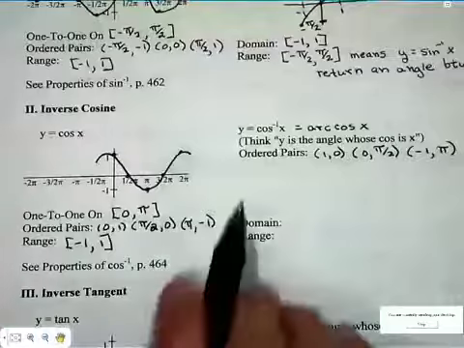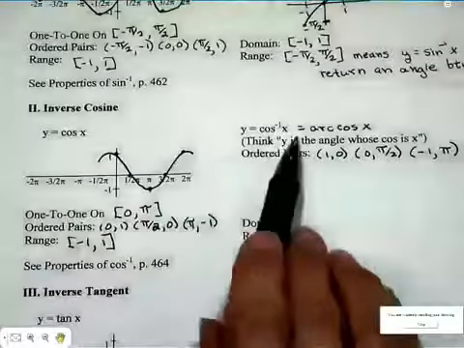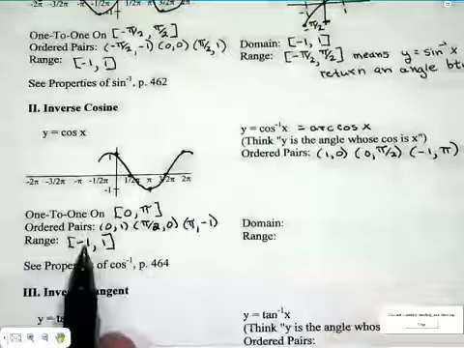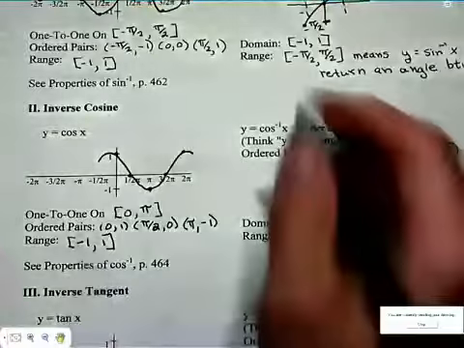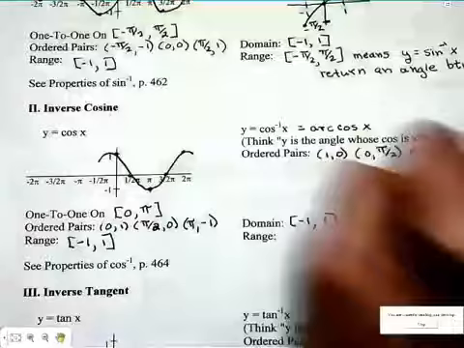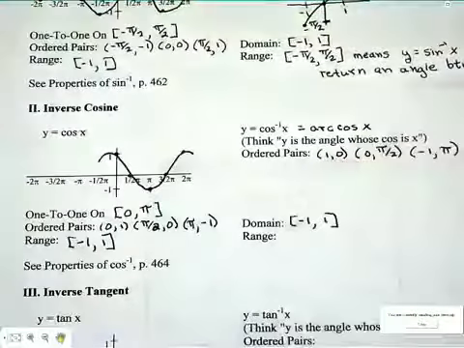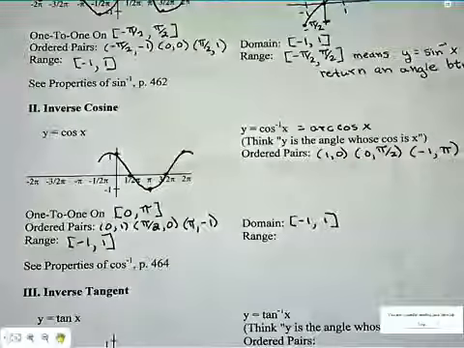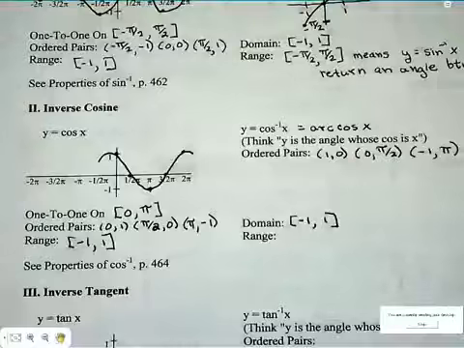The domain of arc cosine is the range of cosine. You can only take the inverse cosine of numbers between -1 and 1. If I say, what's the inverse cosine of 7? It's undefined because 7's not between -1 and 1.